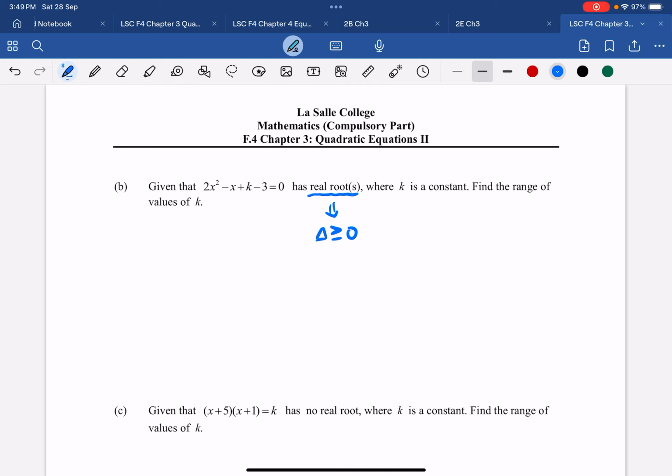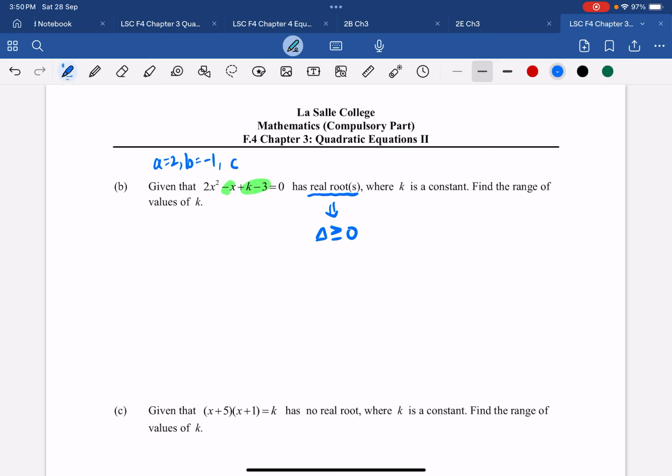Let's see. What's the A in this quadratic equation? A is 2, and B is the coefficient of x, so it's negative 1. And C is the constant term, the term without x, so it's k minus 3.